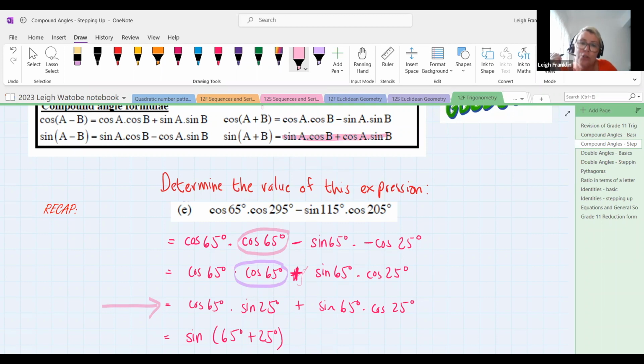Okay, Umaholo. So all I was doing from the line with the pink arrow to the next one, I was doing the reversal of the expansion of my compound angle formula. Okay, no problem, no problem.